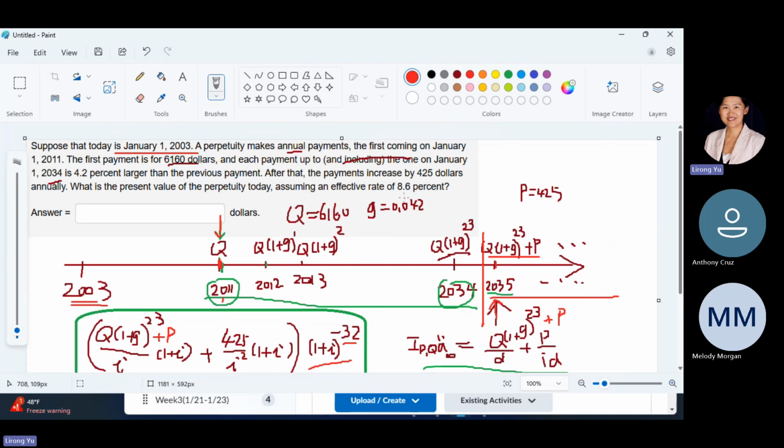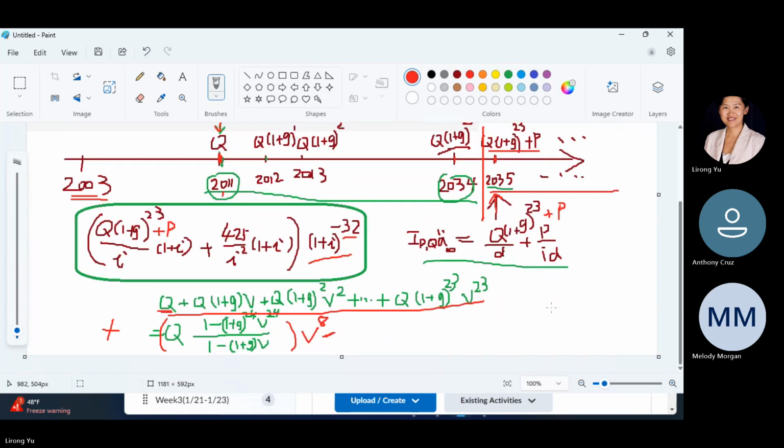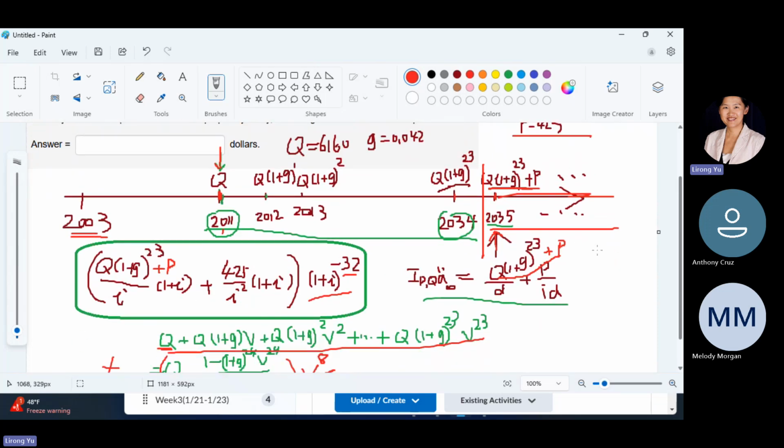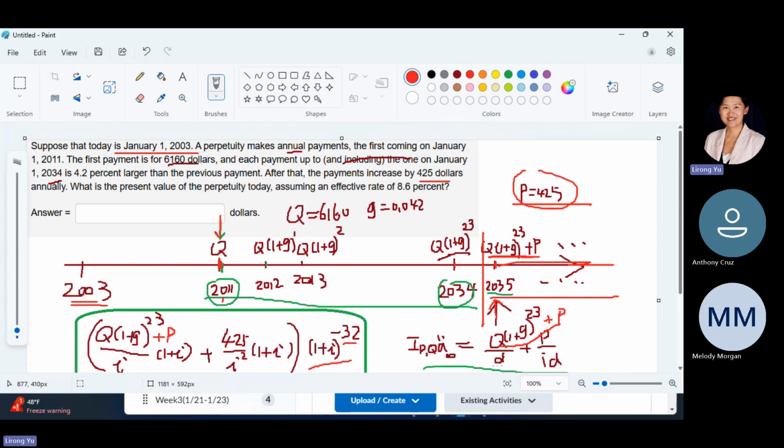The statement says that after that, the payment increases by 4.5%. So 2035 is a little bit more than 2000. Because it's supposed to be the initial payment, in that perpetuity the initial payment, the 425, should be part of the formula.